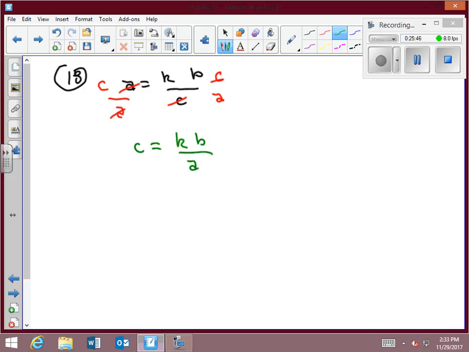Then C varies blank as B. What is the green one saying? C and B are which kind of variation? Direct variation. Varies directly as B, and what as A? Inverse, right? So it's directly as B, inversely as A.